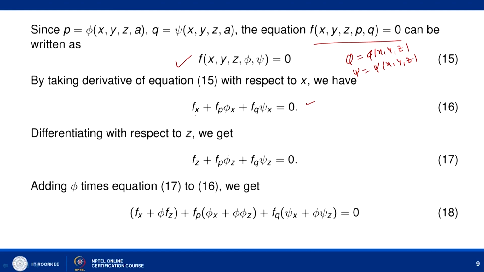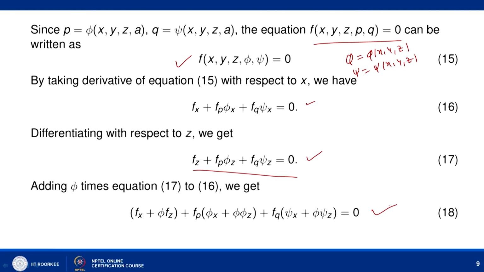So we write f x plus f p phi x plus f q psi x equal to 0, and then we again differentiate with respect to z. So f z plus f p phi z plus f q psi z equal to 0, and with the help of this you just multiply this equation number 17 by phi and we can get this equation number 18.